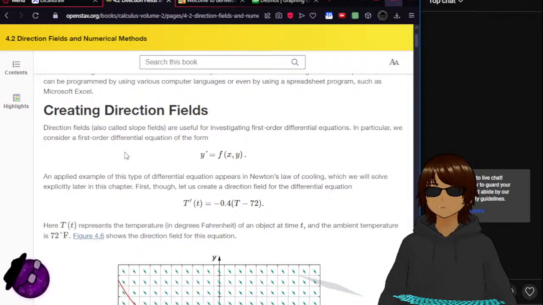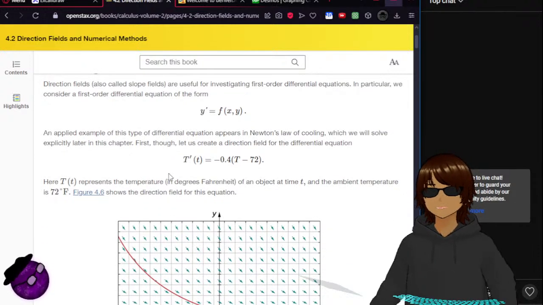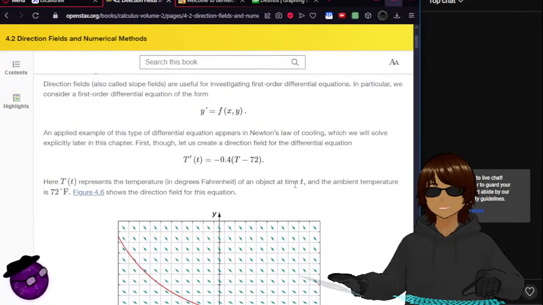First, though, let us create a direction field for the differential equation. Here T represents the temperature in degrees Fahrenheit of an object at time t, and the ambient temperature is 72 Fahrenheit.